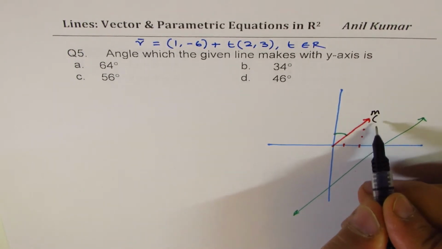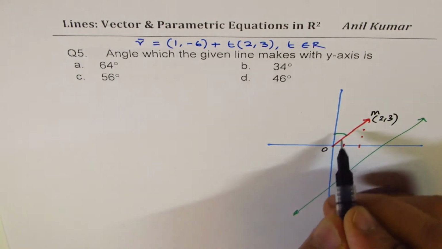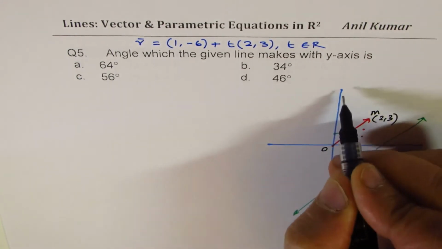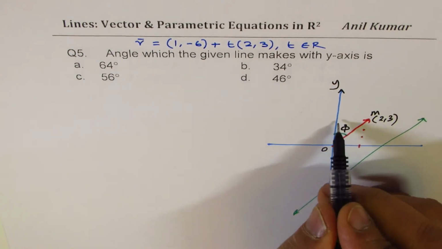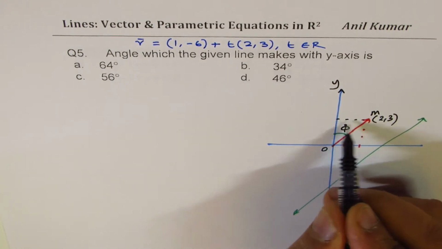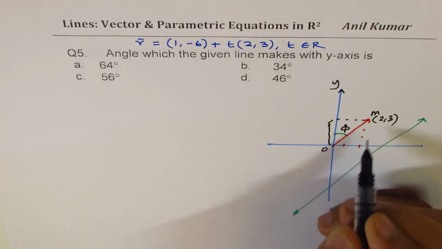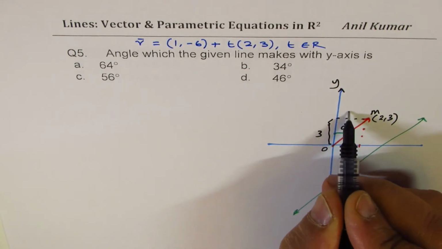So we could consider this position as 2, 3, right? We need to find the angle which it makes with the y-axis. I hope the diagram is clear and makes things very simple. What we can do here is think about that triangle, where this height is 3 and this x position is 2.